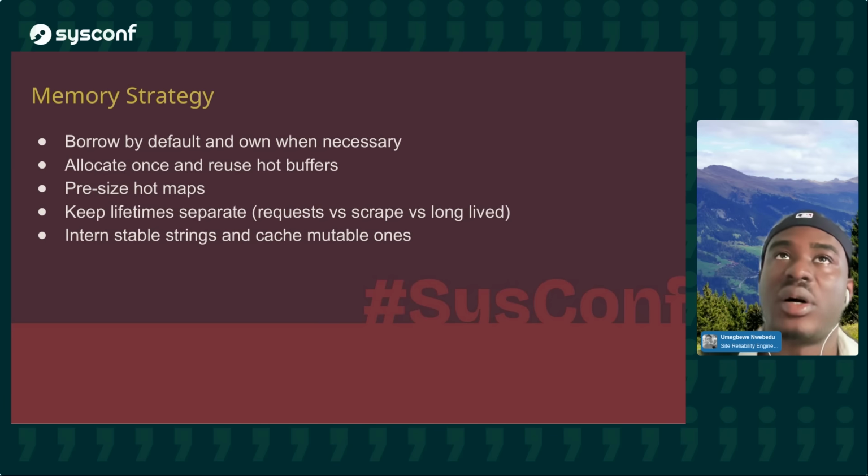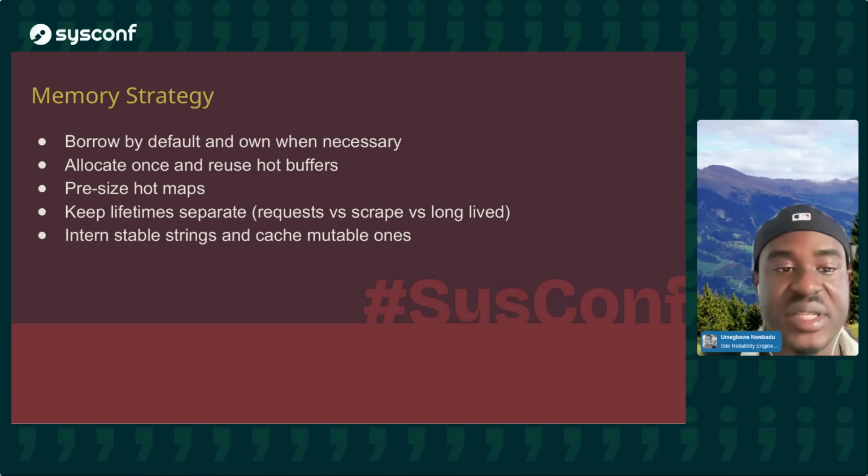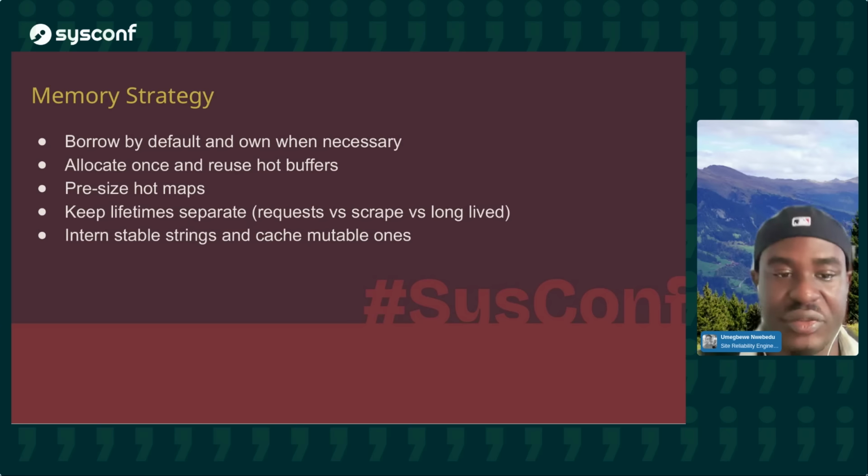But presizing would reduce the number of allocations we have to do every time we have to increase the map size. And then we also differentiate the lifetimes, right?